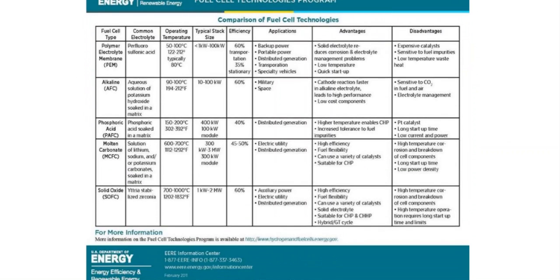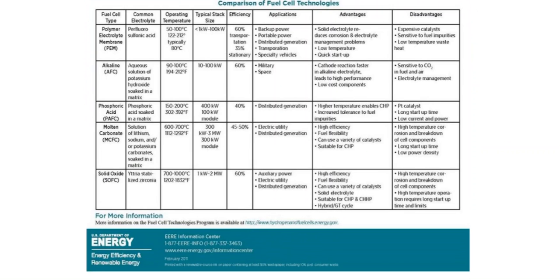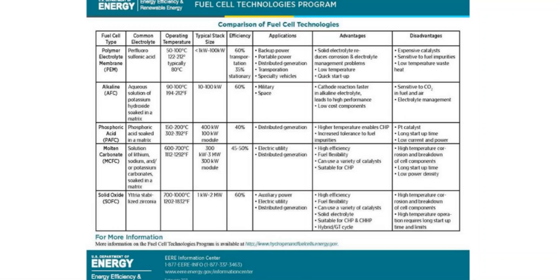There are many types of fuel cell, depending on the type of the electrolyte. One is the polymer electrolyte membrane fuel cell, PEMFC we call it. It has a polymer membrane as the electrolyte and an operating temperature of 50 to 100 degrees centigrade.